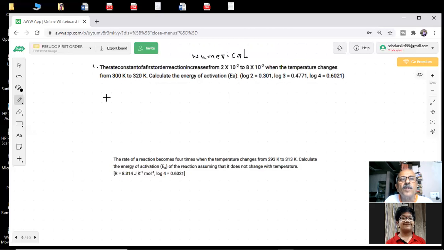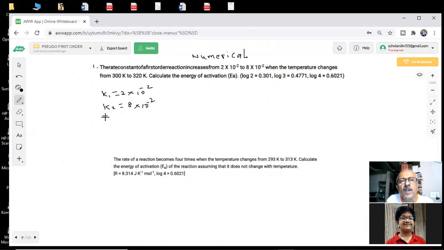Okay, let's do it. He says a rate constant of a first order reaction. The reaction is first order. Okay. What is he giving? K1, how much? 2 into 10 minus 2. What is K2? 8 into 10 minus 2.